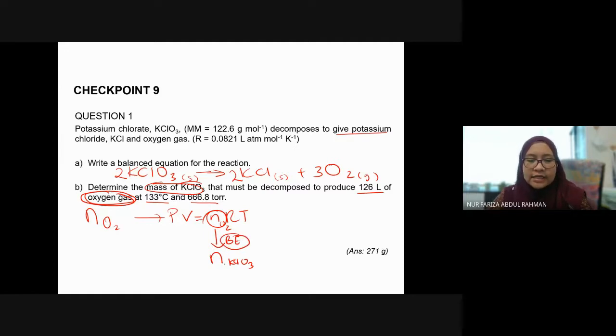We can calculate the mole of KClO3 because from the equation, 2 mole of KClO3 will produce 3 mole of oxygen. We calculated the mole of oxygen just now, so we can calculate the mole of KClO3. And don't forget the question is asking for mass here, so you have to convert into mass of KClO3. Done. That's all for this question.